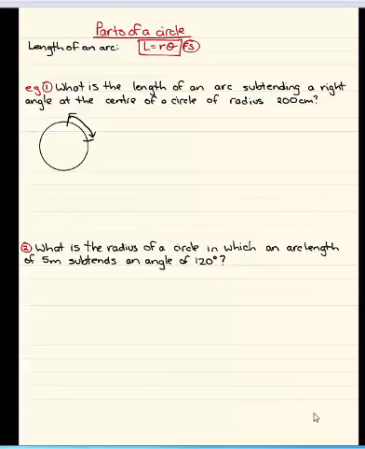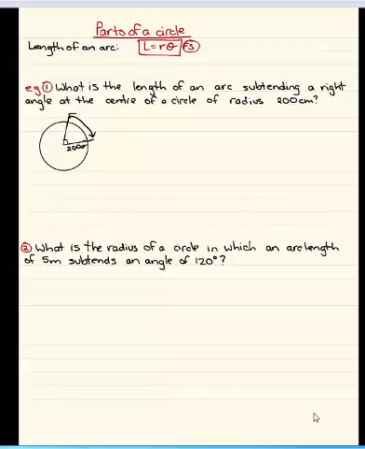And when it says subtending a right angle at the center, what that means is that if you draw the line to the center of the circle like this, you're going to end up with a right angle in there. And excuse my dodgy drawing, but they just want to know what the length of that arc is if this radius here is 200 centimeters.